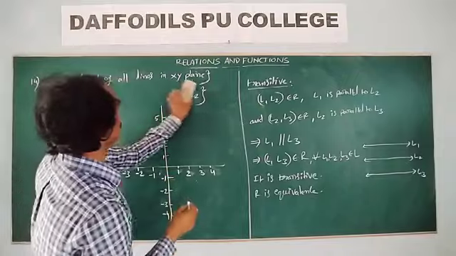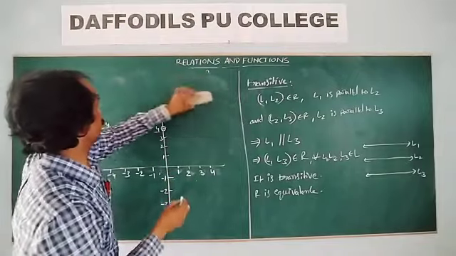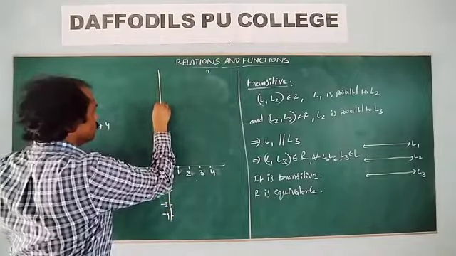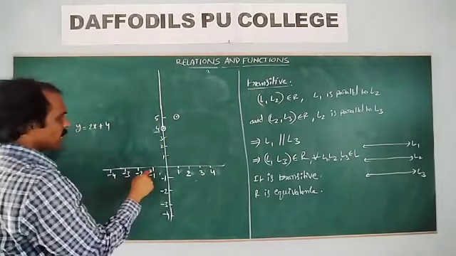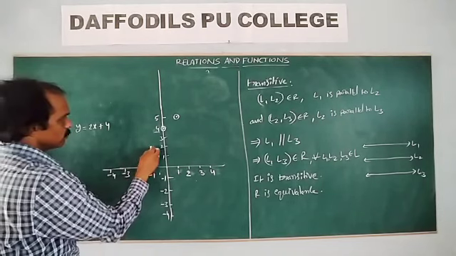I'll erase this. X is equal to 1, 6. X is equal to minus 1, 2.